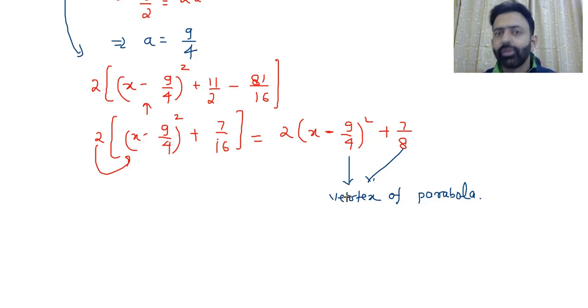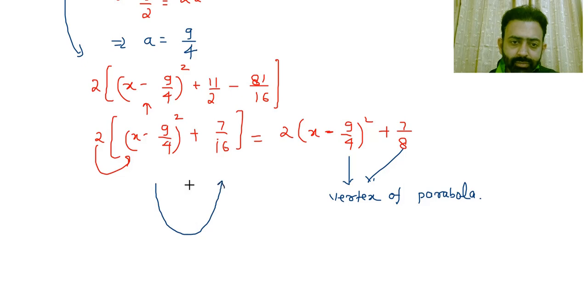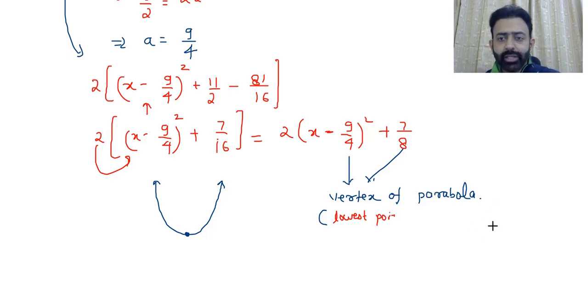It is a parabola because it is a quadratic function. So if we have a parabola like this, the vertex is this lowest point. You can also write this as the lowest point if it is U-shaped. If it is an inverted U like this, then it will be the highest point. So it is called the vertex.